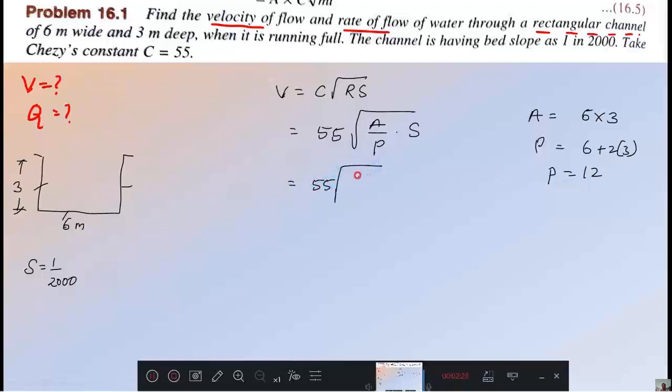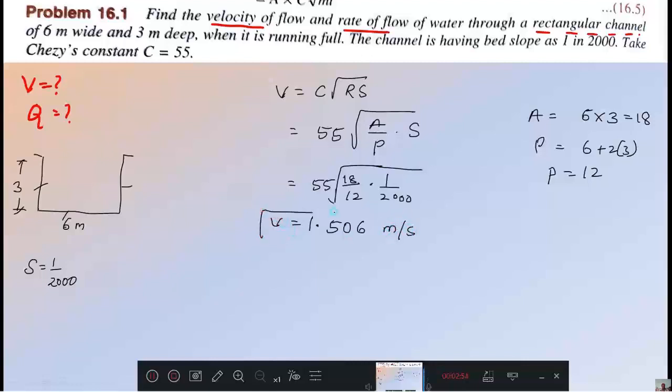Then I will substitute everything here: 55 root of 18 divided by 12 into 1 by 2000. I need to write the slope in this order. Then I will get a velocity equal to 1.506 meter per second.